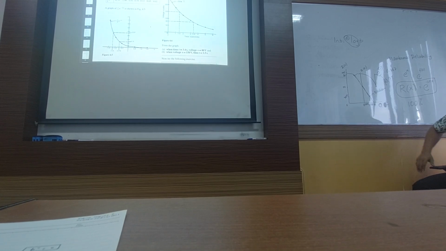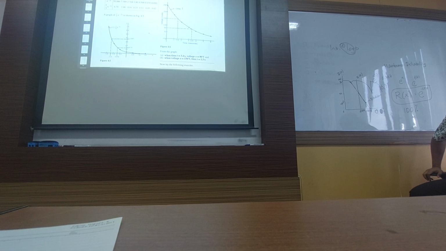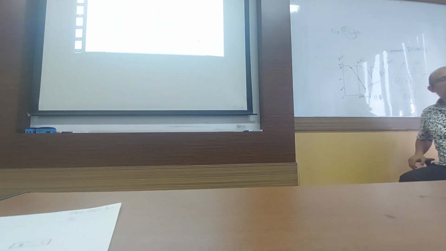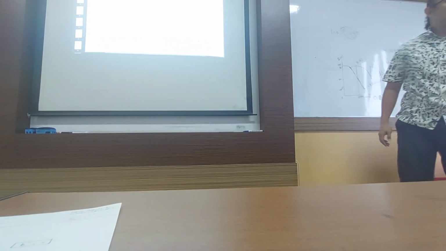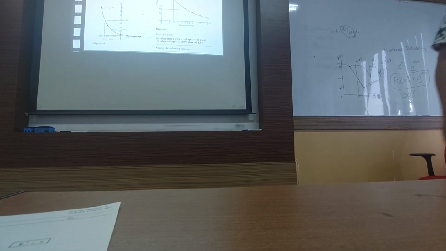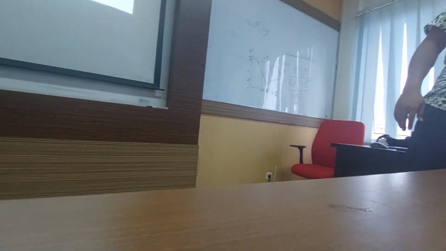This is a natural process. We cannot avoid corrosion. For example, this chair. This frame is made of metal and coated with some chrome.